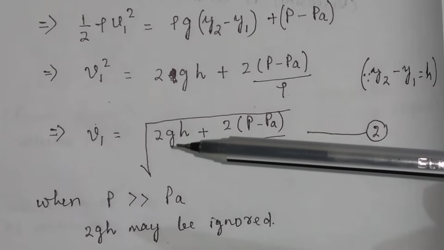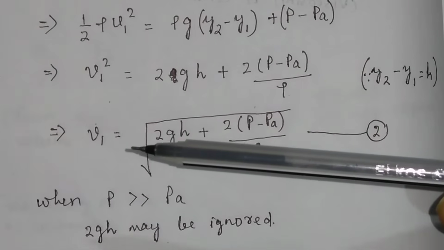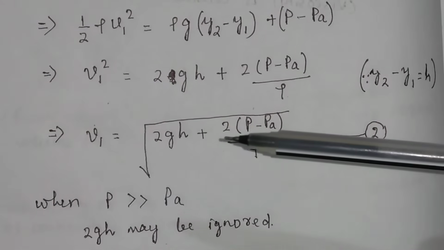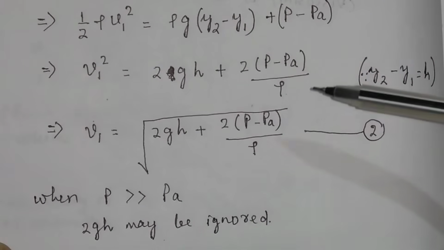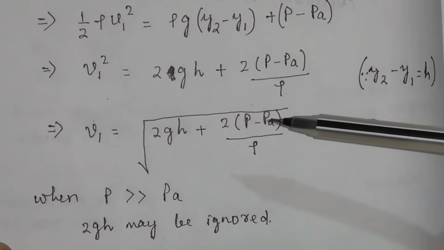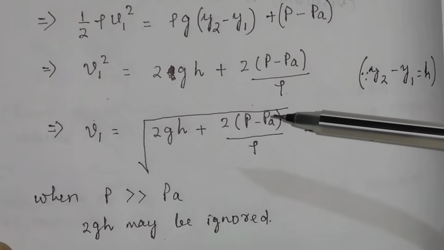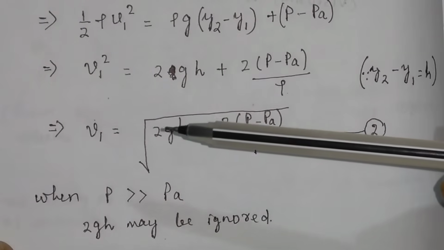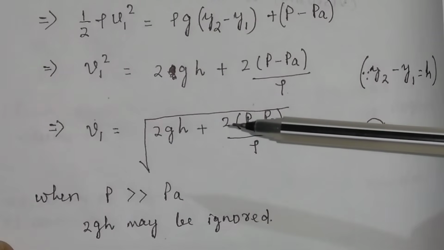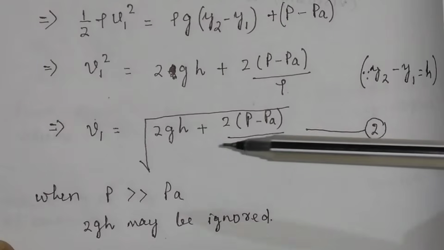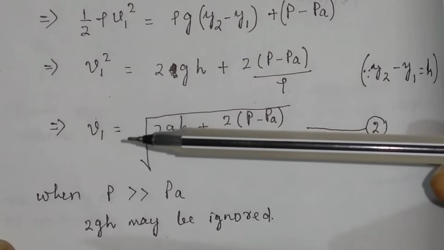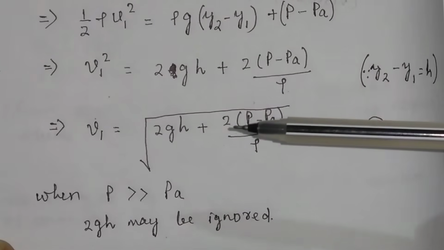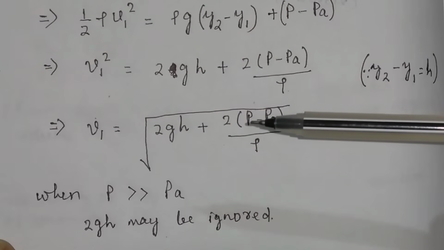Then V1 will depend upon P, because you neglect PA, since P is very large than PA, and you also ignore 2gh. So rho is constant. So the velocity or speed of efflux V1 will depend upon the container pressure P.